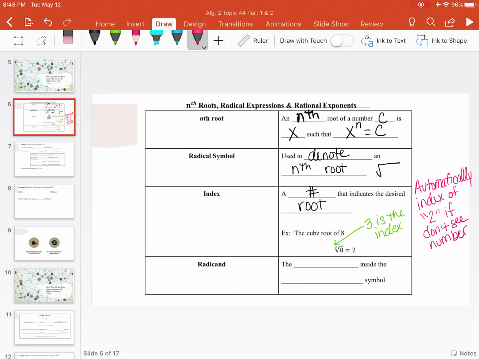So if we don't see a number, it's a square root, it's a 2. If we do see a number, then that's relating to a different root. Now the radicand is the value inside of the radical symbol. In our example here, the 8 is the radicand.